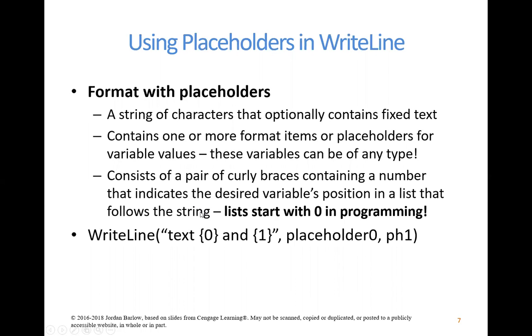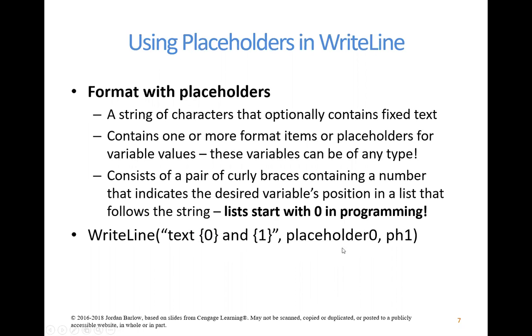Okay, so the idea is inside of a literal string, you can put a number starting with 0 inside curly braces. And then at the end of that string, you put a comma. And then for every number that you have in curly braces inside your literal string, you can put a variable, the name of a variable, after the comma.